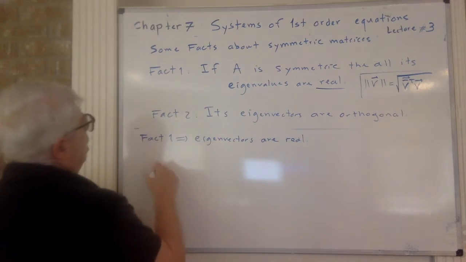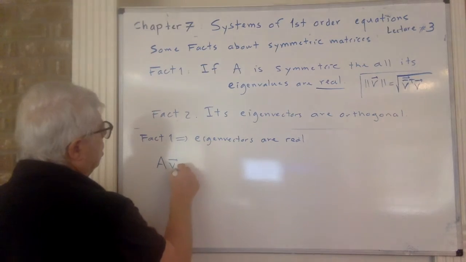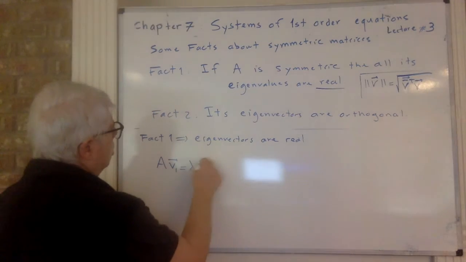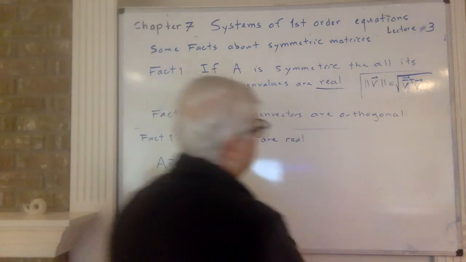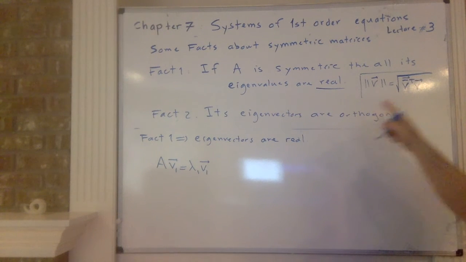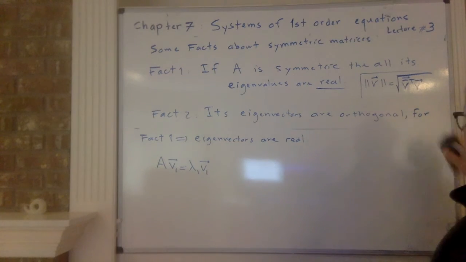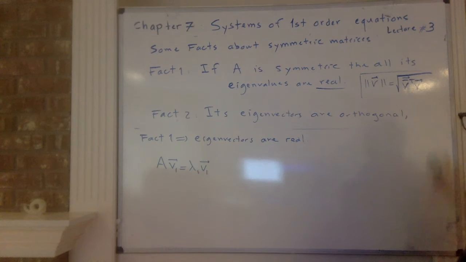So let's say A V1 is lambda 1 V1. But this one is a simple assumption. Eigenvectors are orthogonal when corresponding to distinct eigenvalues, not the same.